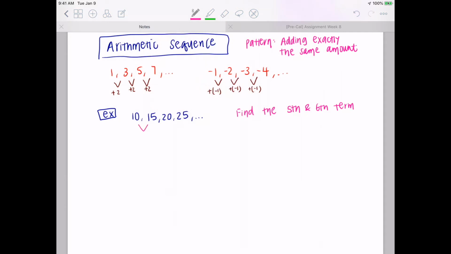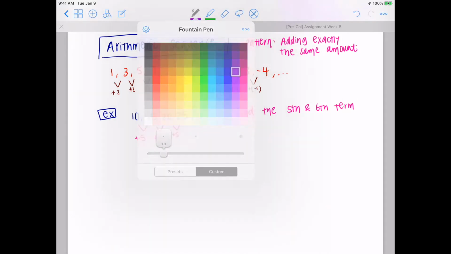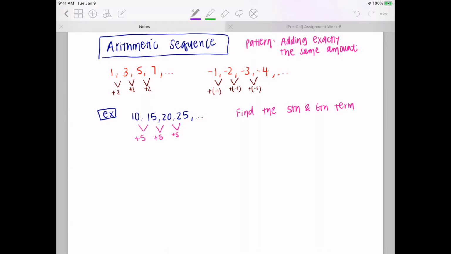We look at our pattern. This is adding by 5. So my answer here would be, if I add 5 to 25, it would be 30 and 35. That's pretty easy to do.